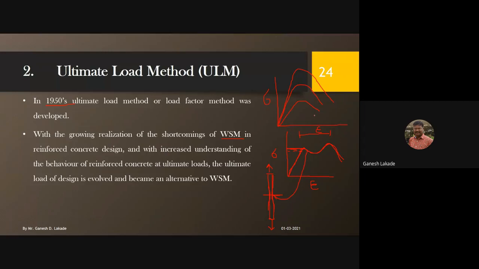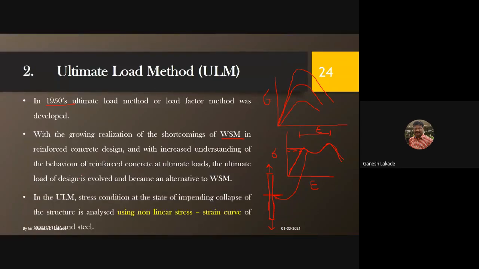By considering the actual behavior of materials, you can utilize those materials in a very good manner. That is considered in the ultimate load method, and this new method was developed.